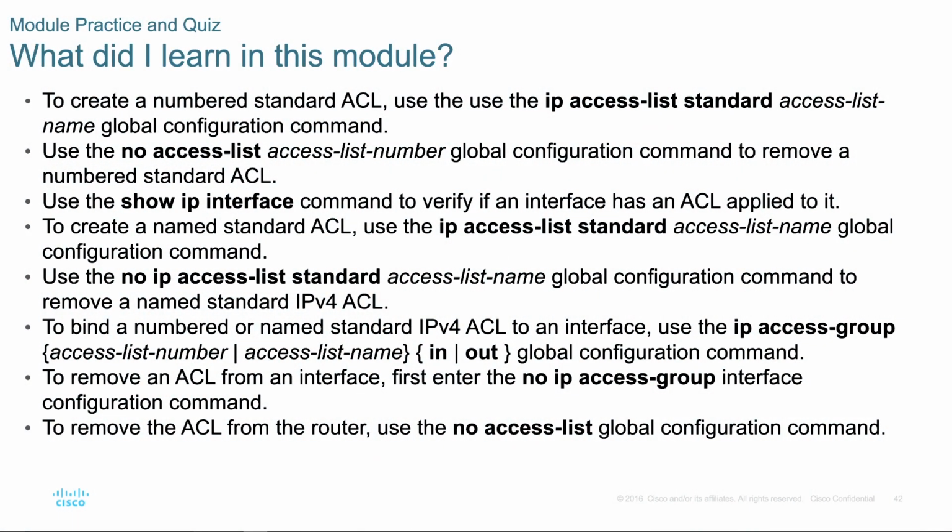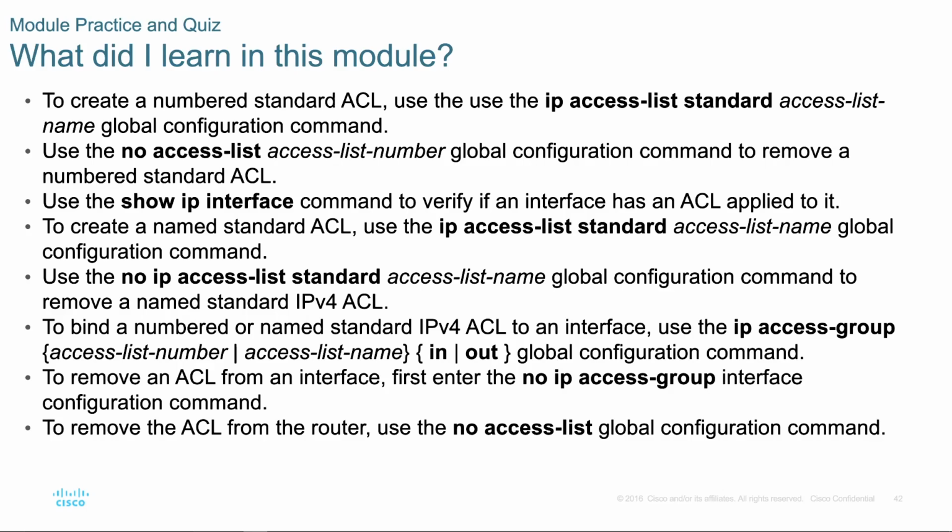So in summary, we looked at the actual command structures for numbered standard ACLs and how to apply them to an interface. We looked at using the notepad to make our statements so that if we make a mistake and have to make any edits, we can make the changes in the notepad, then remove the offending access list with the no access-list command, and then reapply the correctly modified ACL.